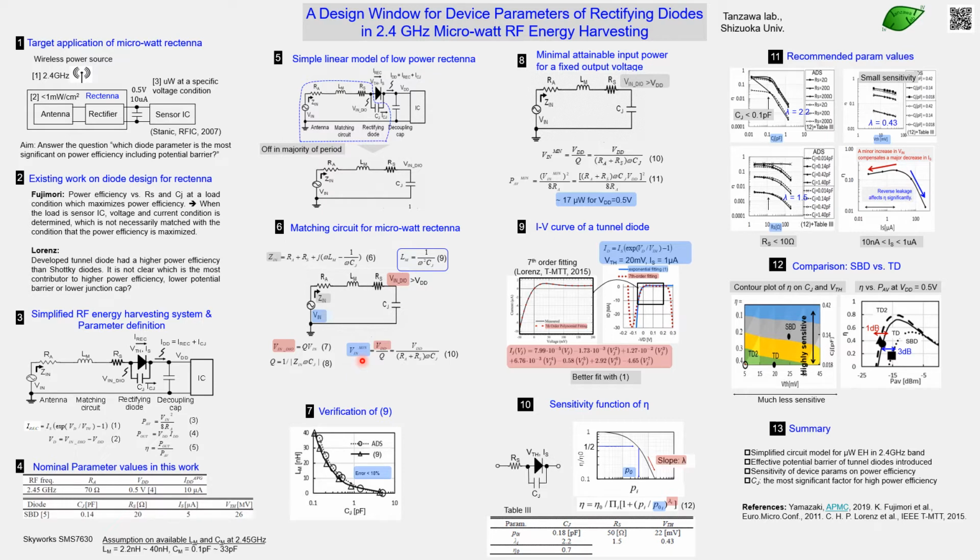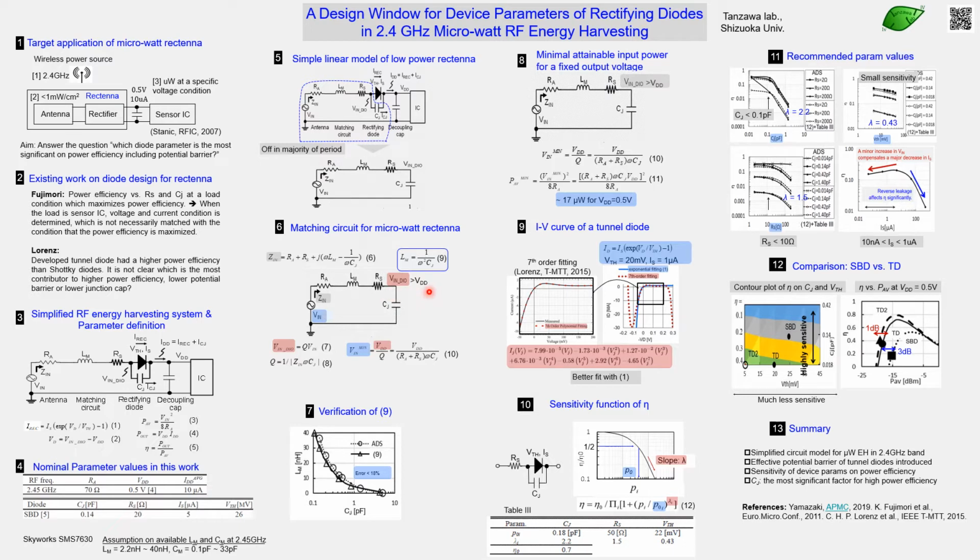This value, V in minimum, is defined by this. So this is the situation where this diode starts turning on, because now the output terminal voltage is VDD, and we want to turn on this diode.